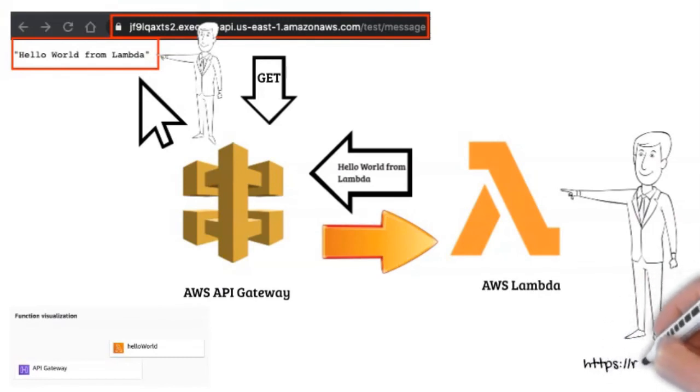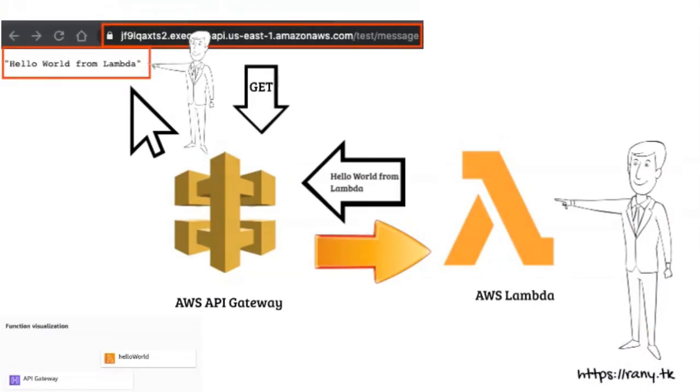And this is what we're getting from the Lambda. If you go back to the console and click on the Lambda, in the function visualization you will find that now there's an API Gateway hooked to the hello world Lambda.